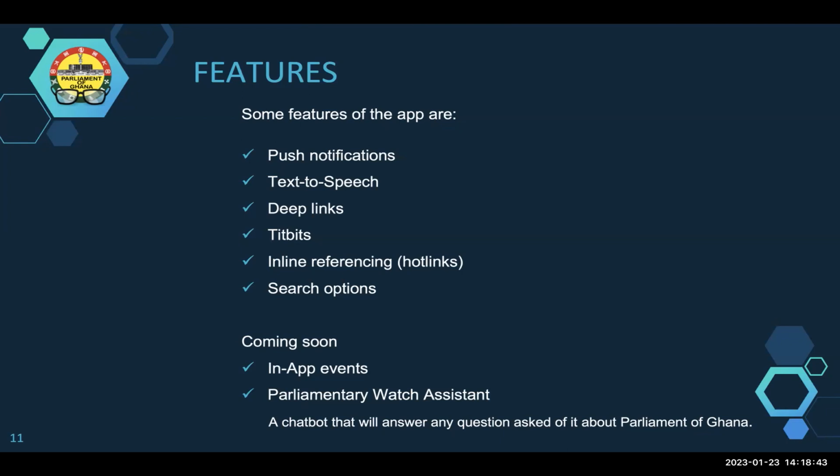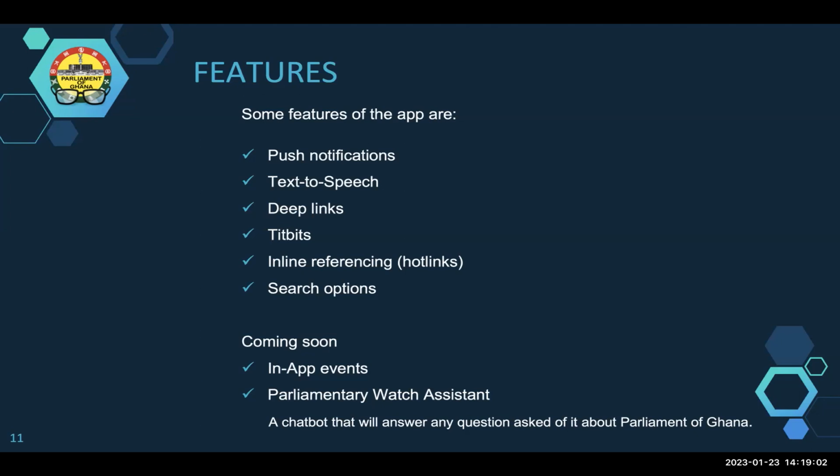We want to introduce a similar thing in this one, but it will be for the public. You can ask any question about Parliament, something like who is the current Speaker of Parliament, which bills are being considered, and a whole lot of things. And then the Parliamentary Watch Assistant should be able to provide you relevant information about that.